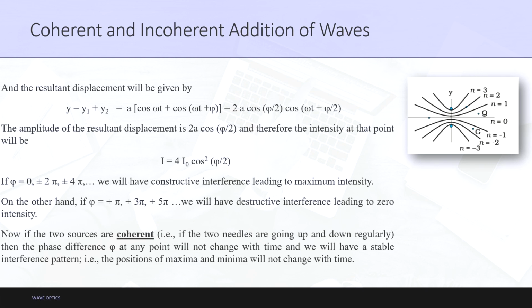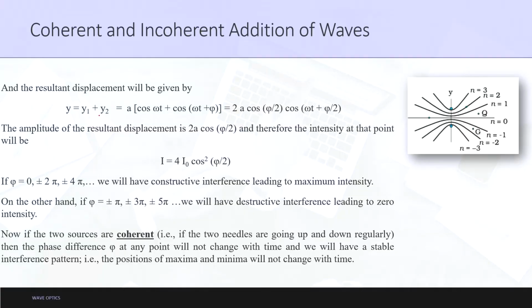So now the resultant displacement will be given by, as I already explained to you when I was explaining the concept of coherent and incoherent addition of waves, that interference is nothing but the superposition of the displacements, that is, the vector sum of the displacements. If two sources are there, it is the vector sum of two sources. If there are three sources, it is the vector sum of three sources.